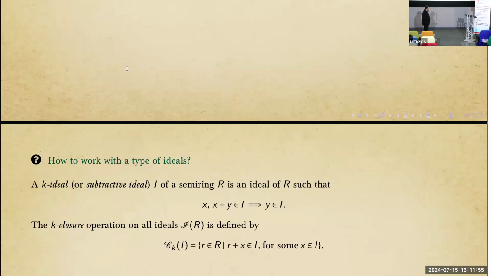For example, if you have a prime subtractive ideal or a semi-prime subtractive ideal, then you can actually show, using this closure operator, that sometimes you do not need to check prime and subtractive separately. Prime subtractive will be sufficient. So this kind of application you can do with the closure operation.